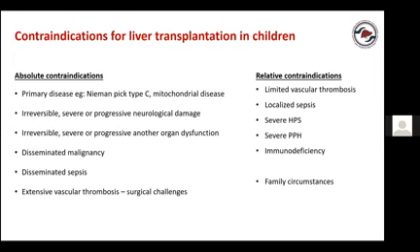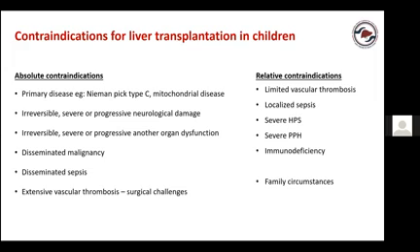Localized sepsis, severe hepatopulmonary syndrome, severe portopulmonary hypertension. There are units and centers who have attempted to transplant these children, and there are very few cases which have resulted in success. However, it all depends on the expertise you have, whether you would like to perform a liver transplantation with this type of severe disease.